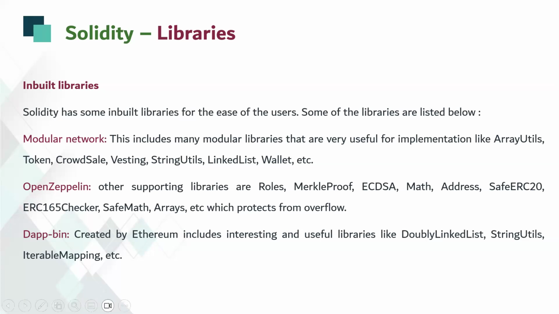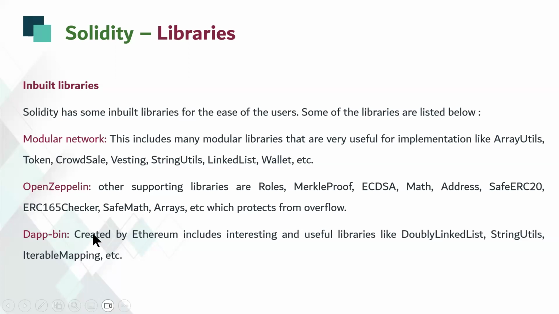It includes essential supporting libraries like roles for role-based access control, Merkle proof for Merkle tree verification, and so on. These libraries are designed to prevent common security vulnerabilities such as overflow or underflow attacks.